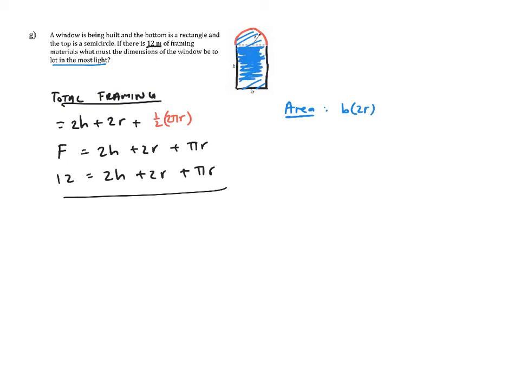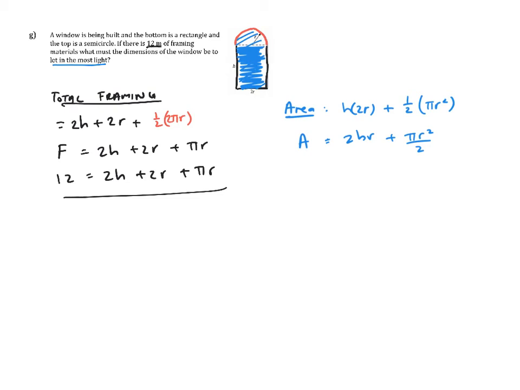So that's the base, 2r, plus half the area of that circle, so it's a half times pi r squared. So we've got the area formula A, so that's 2HR, sorry, not BR, HR, so it's 2hr plus pi r squared divided by 2.